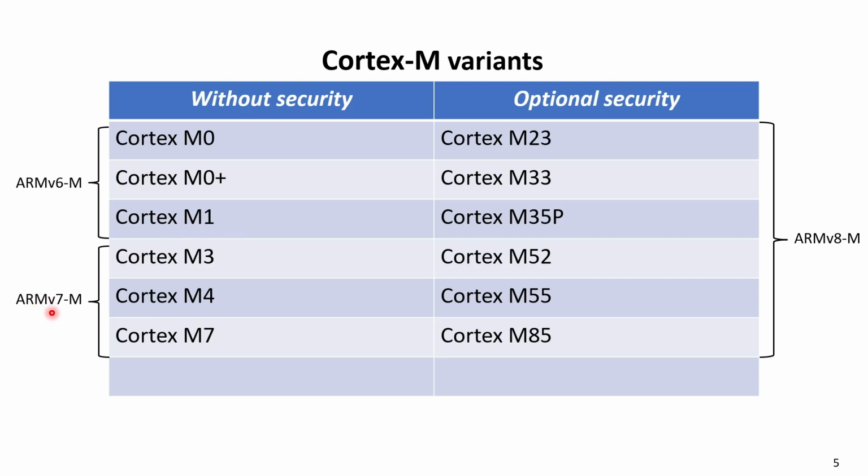With Cortex version 7, we have Cortex-M3, Cortex-M4, and Cortex-M7. So next is optional security. For optional security we have M23, Cortex-M33, M35P, Cortex-M52, M55, and M85. All of them are called ARMv8-M. This is all of the variants of the Cortex-M core.